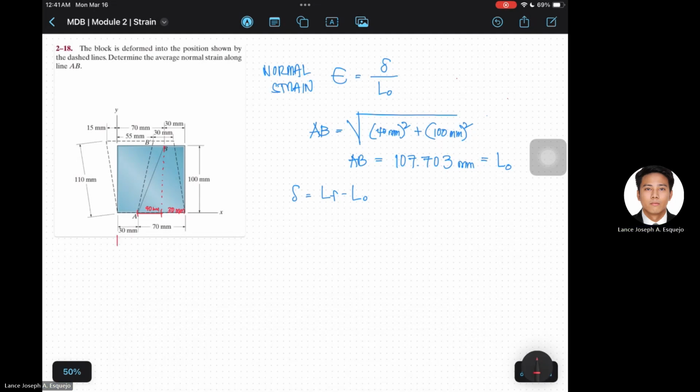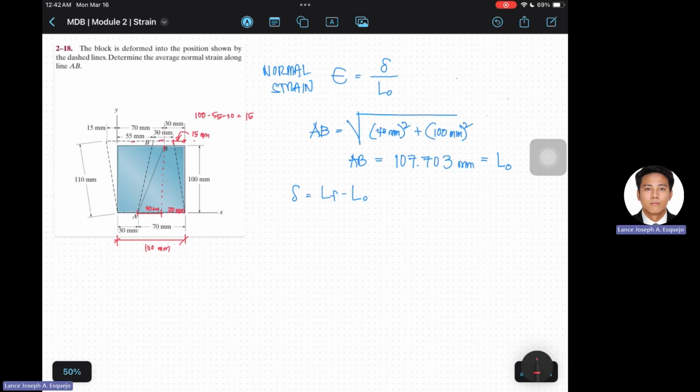So let's see. Ang total nito is 100 millimeters. And from the top, we have here 55, and then 30, and then we have this remaining, that is 100 minus 55 minus 30, and that's 15. So this one here is 15 millimeters.